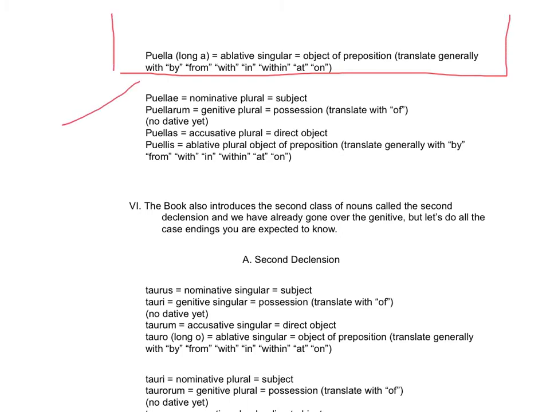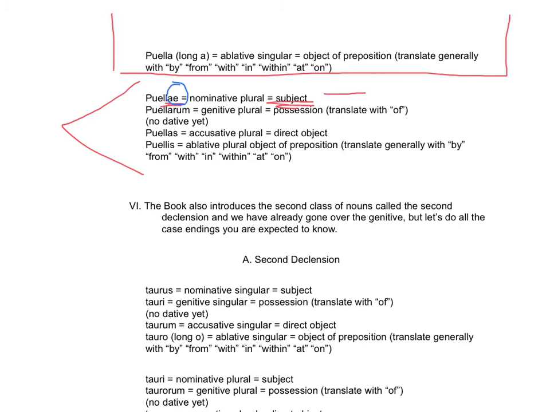And now here are the plural endings. Puellae, that is a nominative plural. That is used for your subject when your subject is plural. This word still means girls, but now it's plural, and you can use that for the subject of the sentence. And you should also note that this is exactly the same as the genitive ending.